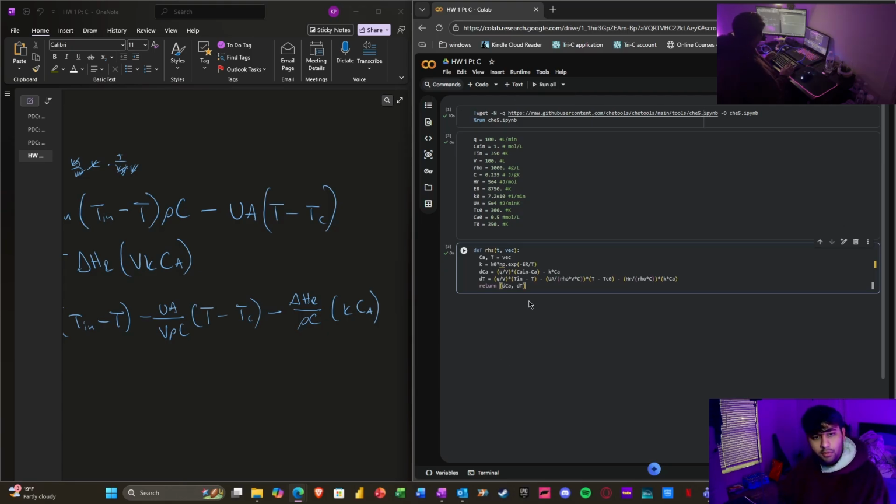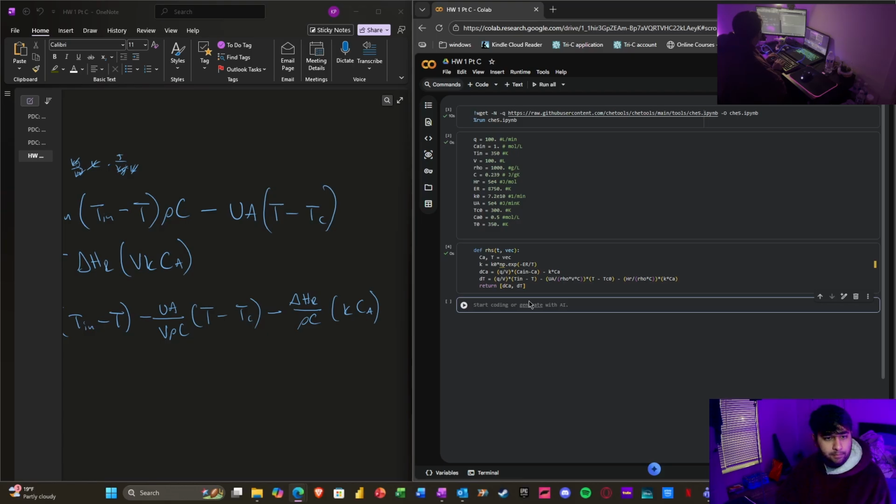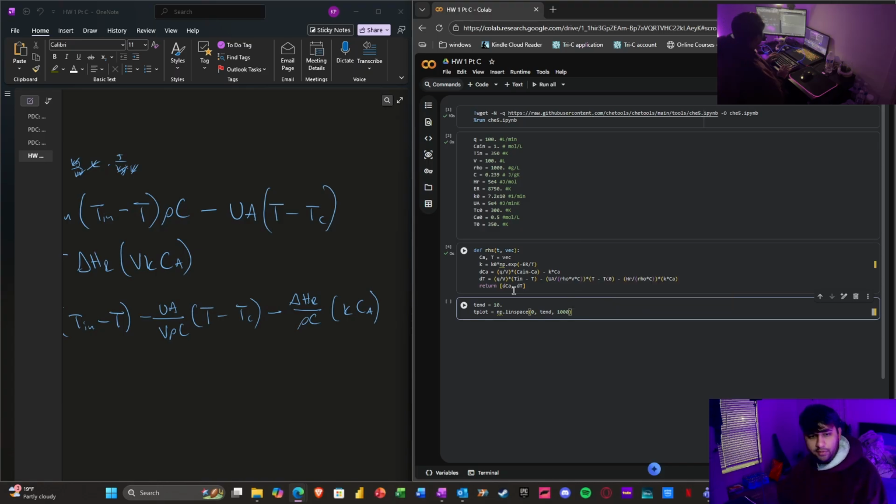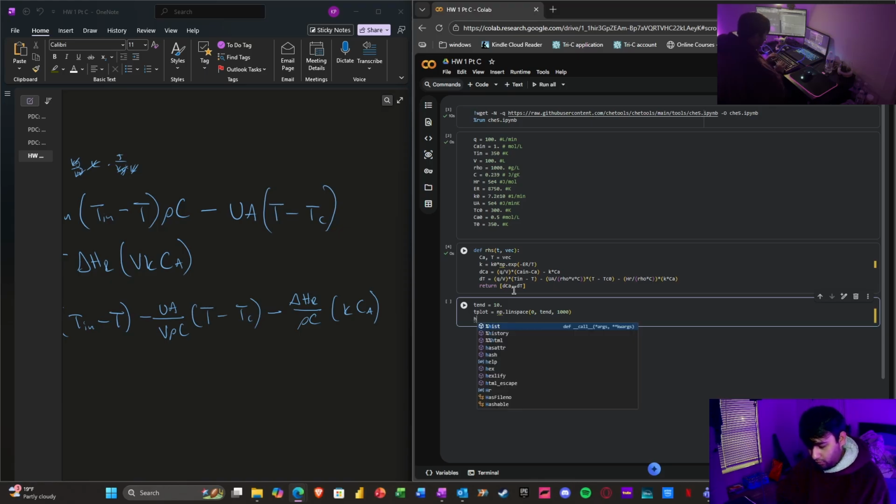Okay, so there we go. And then we're going to just set our tendency, which since it's in minutes, I'll keep as 10. And then as for our t plot, np.linspace 0, 10, and since we've been using 1000, I'll leave it 1000.